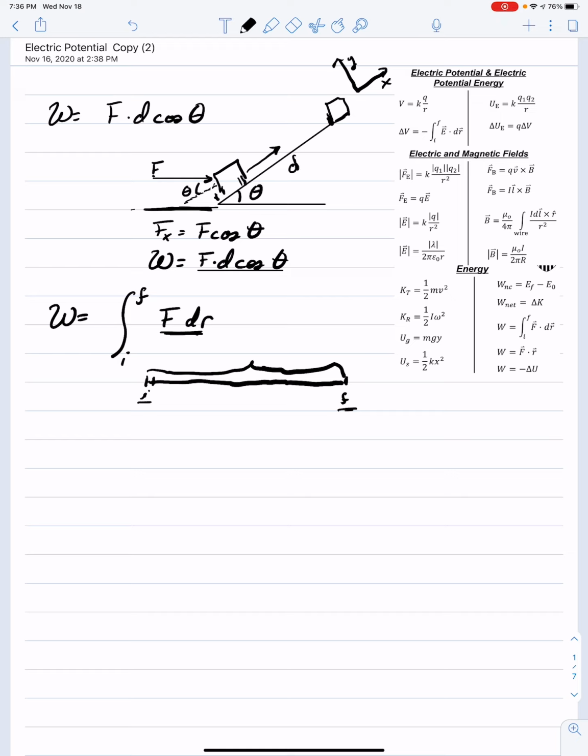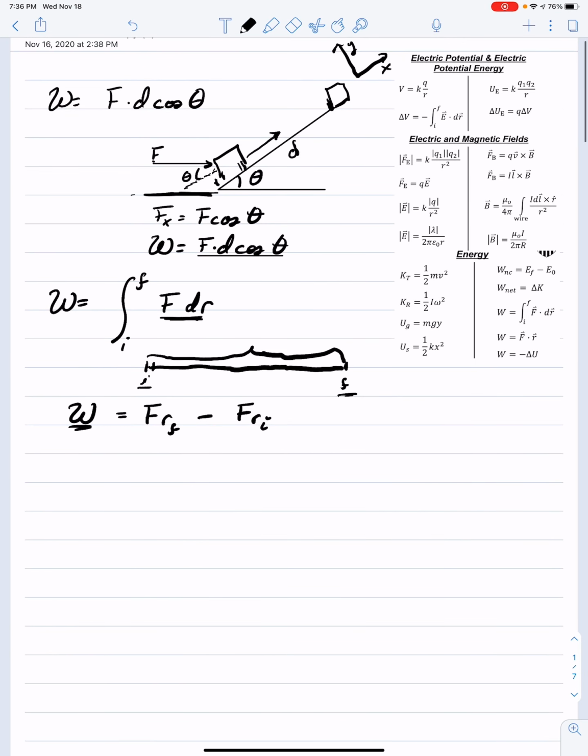That is basically what it is. When we integrate, and you will see it a lot clearer, we find that work is equal to force times distance r final minus force times distance r initial. Okay?